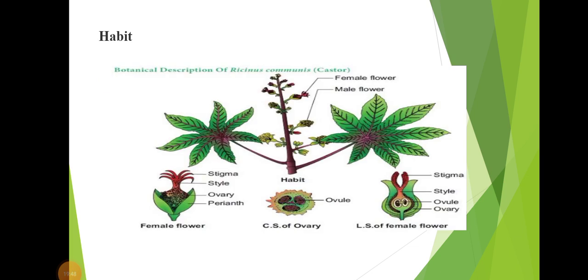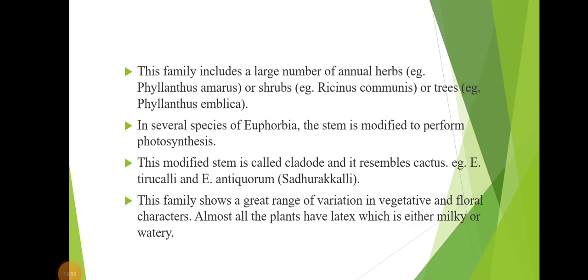This diagram is the habit of Euphorbiaceae, Ricinus communis. This family includes a large number of annual herbs, shrubs or trees. In several species of Euphorbia, the stem is modified to perform photosynthesis. This modified stem is called cladode and it resembles a cactus. Examples are E. tirucalli and E. antiquorum.